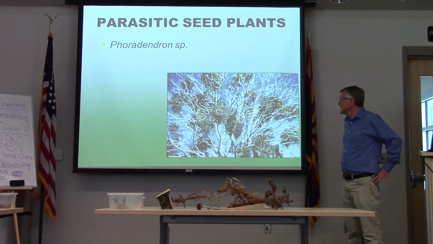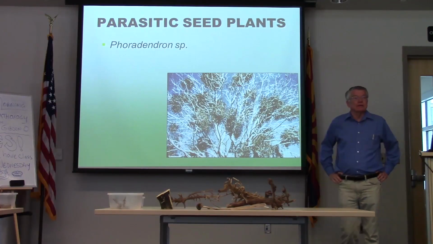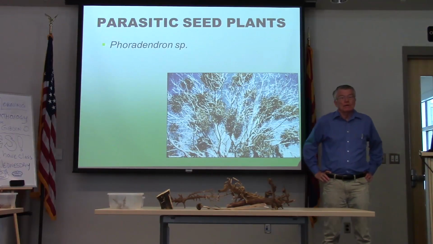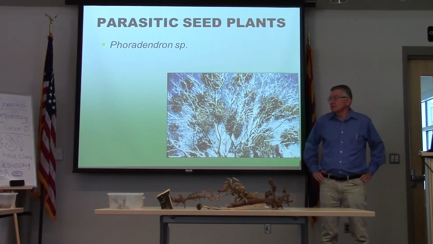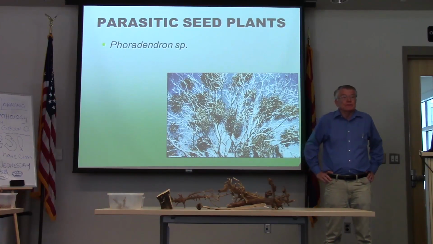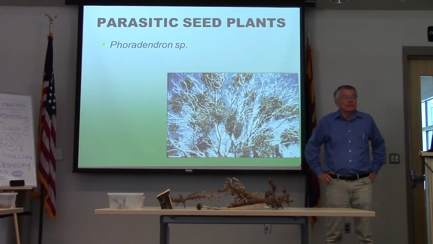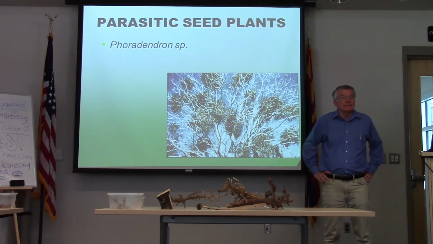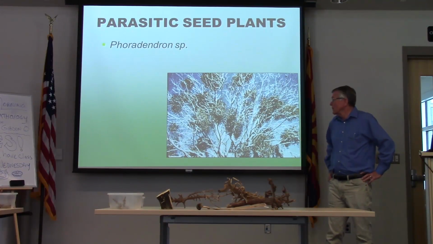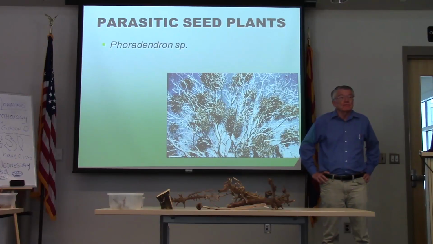Usually grows at a little bit higher elevations than where we're at, although it's not uncommon to find them, say, in cottonwood trees. But we don't have a lot of cottonwood trees anymore since we've covered the ditches and there's not a lot of water for them. So we don't see this particular one more.